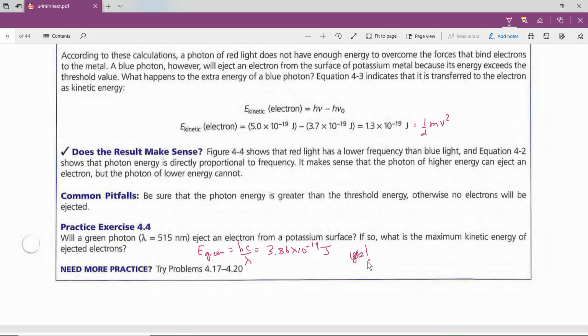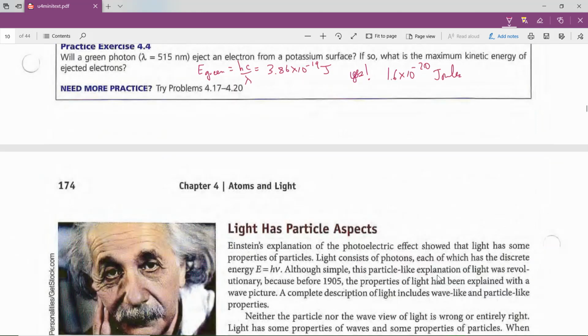I see the answer in the back of the book says 2, so they're rounding to 1 sig fig, but it's 1.6 by 10 to the minus 20. I'm not going to make a big deal about sig figs, but sometimes on some of the assignments with numerical answers in your computerized assignments, you'll have to make a bigger deal about sig figs.